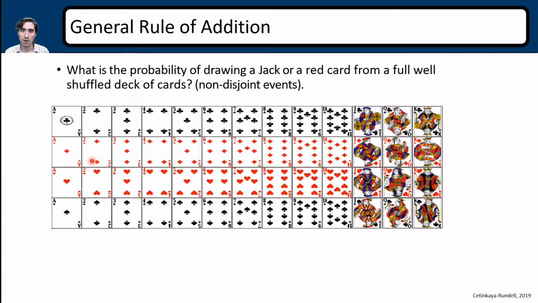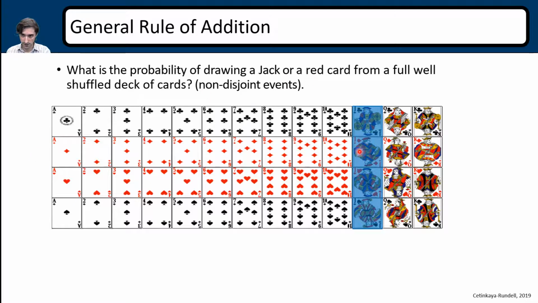So here we go. What is the probability of drawing a jack or a red card from a full, well-shuffled deck of cards? And notice we say full, well-shuffled. That's our randomization, right? We have to state and explain, especially when you're writing, how that randomization went about. So for this, what are the probabilities of either a jack or a red card? Well, first off, how many jacks are there?